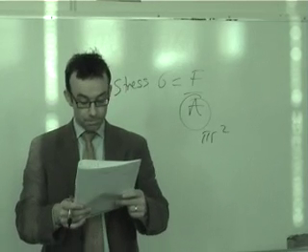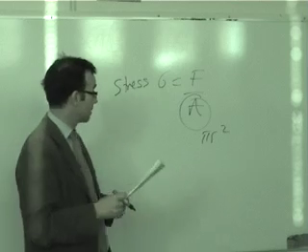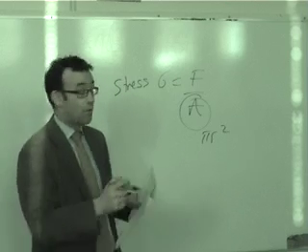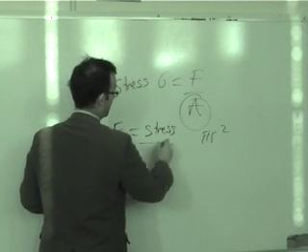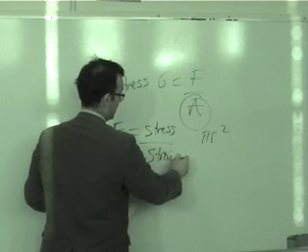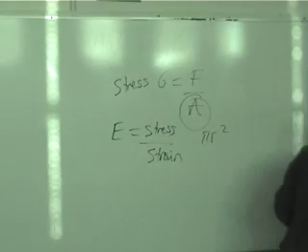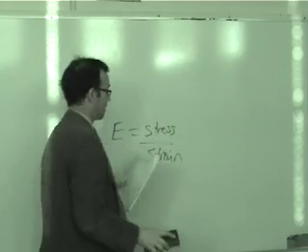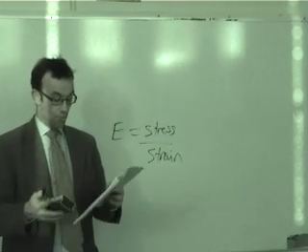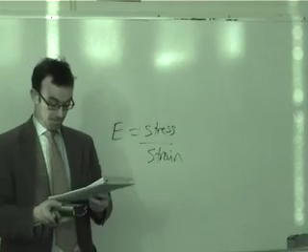Part C of this question, you just need to remember that the Young's modulus equals stress over strain. You know the Young's modulus, you know the braking stress, so you can work out the strain.